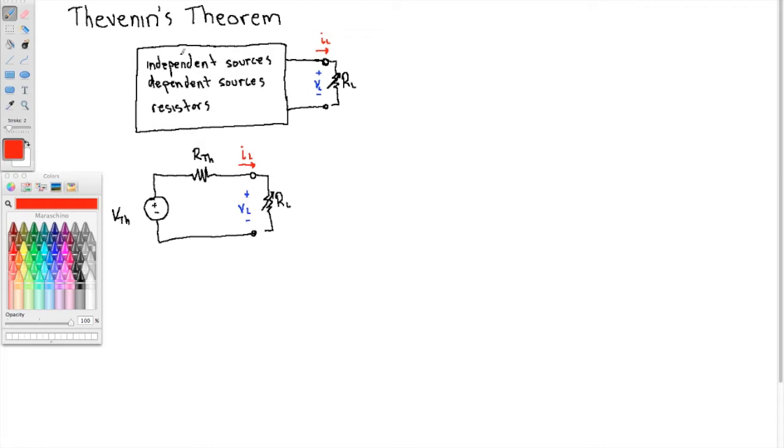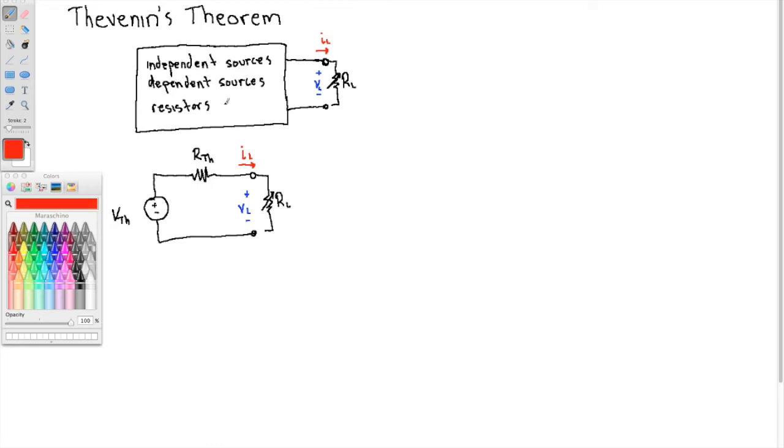But later on in the course, we're going to learn two more components called capacitors and inductors, and everything that we learn in this course, such as Thevenin's theorem, can be applied to circuits with capacitors and inductors as well. So how useful is a circuit built upon resistors, capacitors, inductors, and sources? It turns out you can build pretty useful things out of those components.